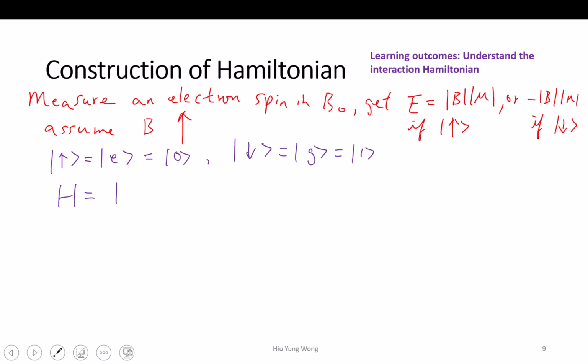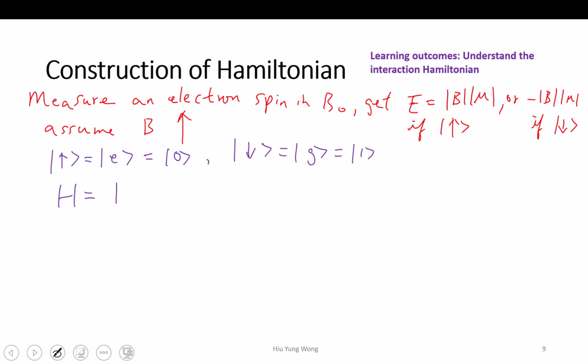Because remember we said all the operators corresponding to a measurement are Hermitian. Remember that slide? It's Hermitian, and the eigenvalues are real. And when you do the measurement, you will get one of those eigenvalues depending on the probability, depending on the square of the coefficient of that state, right?